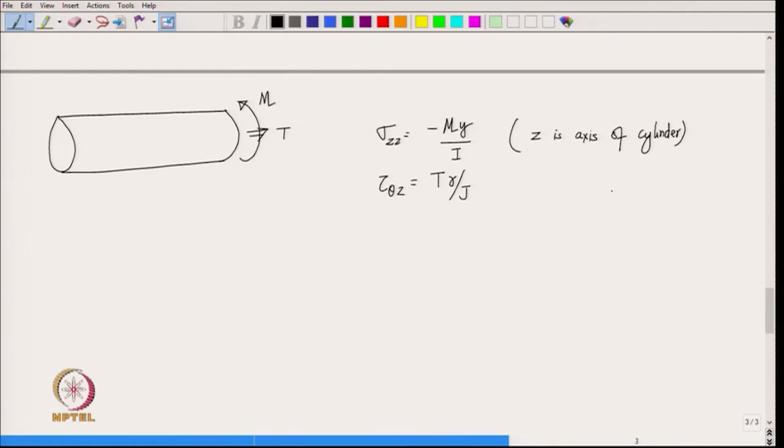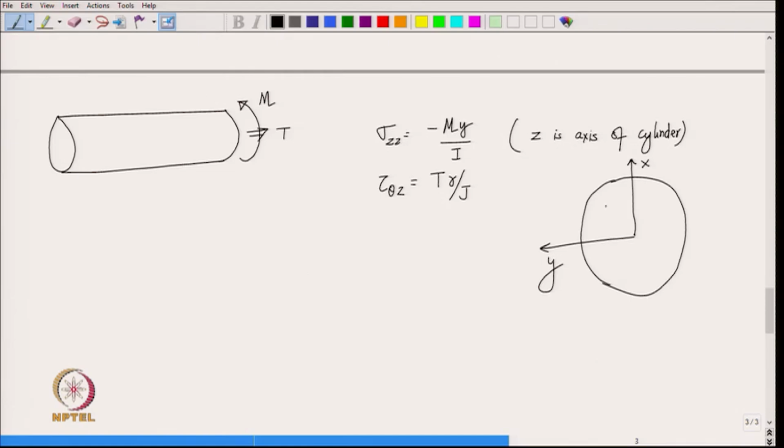So, have a look at the cross section. Suppose that is your cross section, that is your x axis, this is your y axis, and then we have z axis.